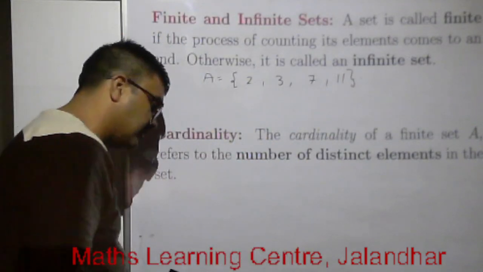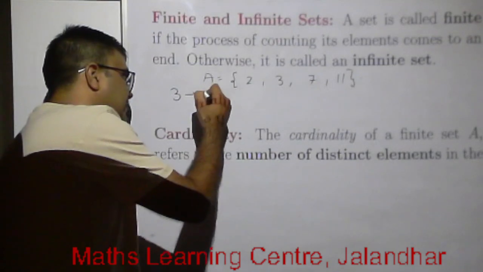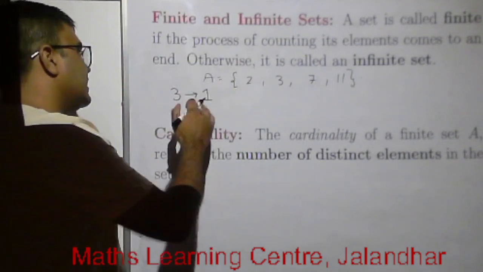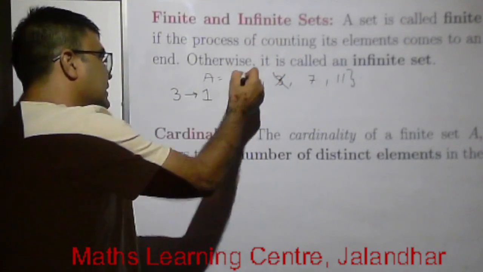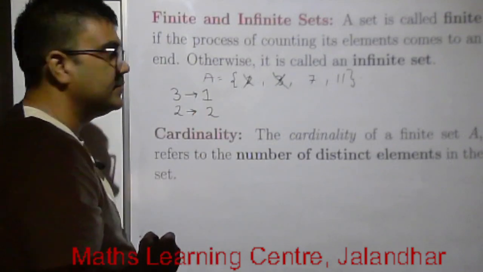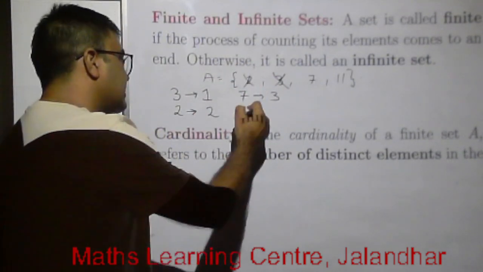What I am going to do is take one of the elements over here. Say the element 3 I have taken. I have assigned it the first natural number 1. Take another element, 2. Assign it the number 2. Take the element 7. Assign it the number 3. Take the element 11.